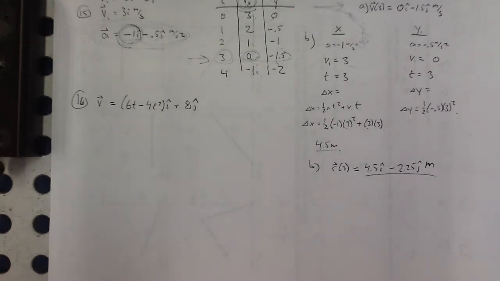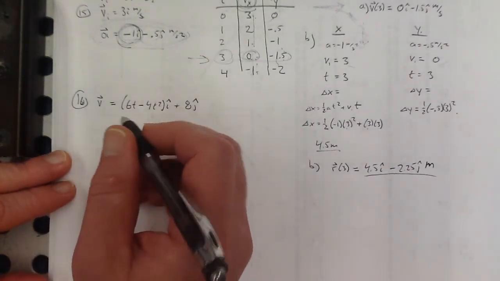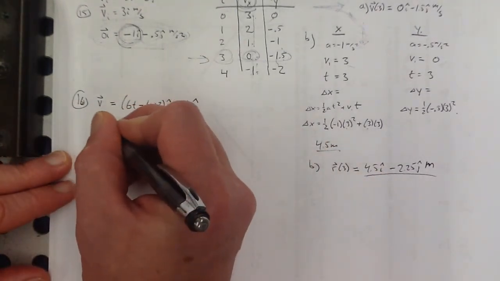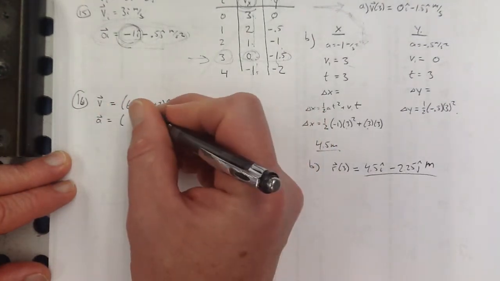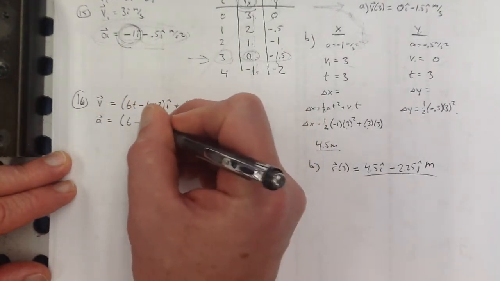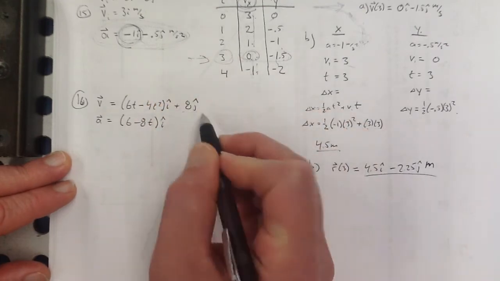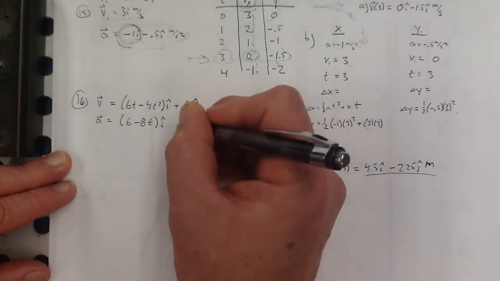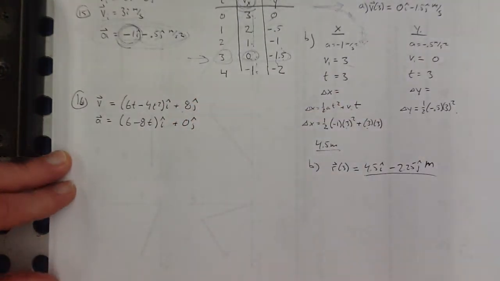The speed equal 10. All right, so let's see. First question is, what is the acceleration when time is 3? If this is the velocity, then the acceleration is the derivative of that, 6 minus 8t, and then derivative of 8 is 0, so it's just that. If you wanted to really drive that point home, you could put that there.